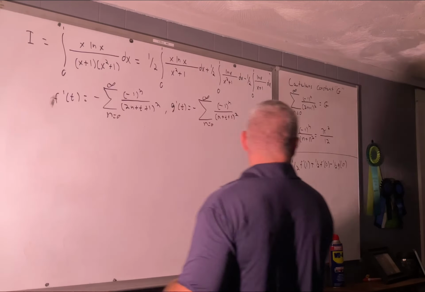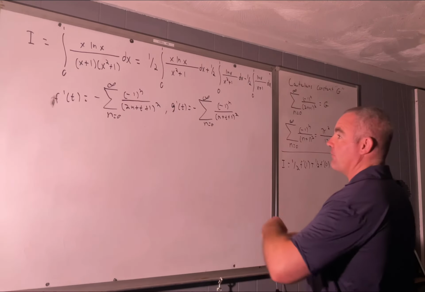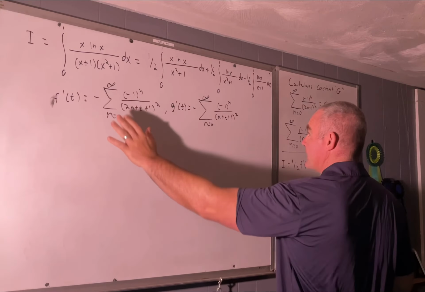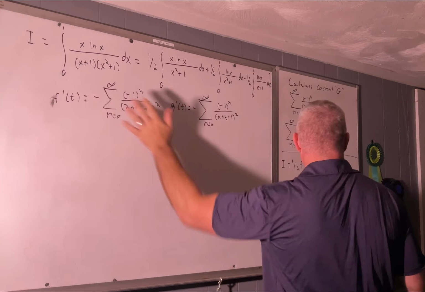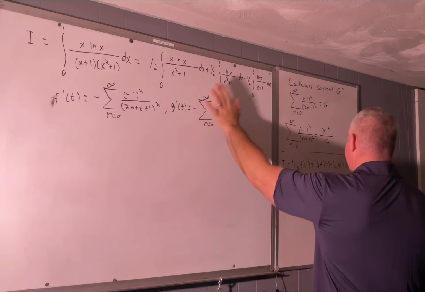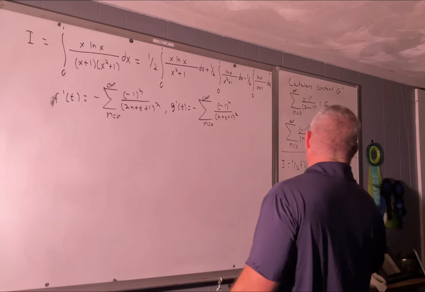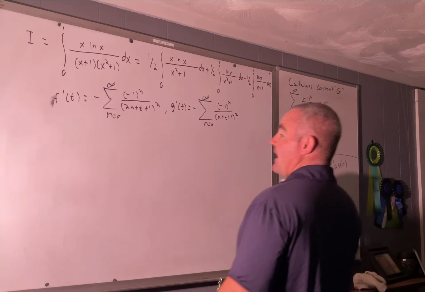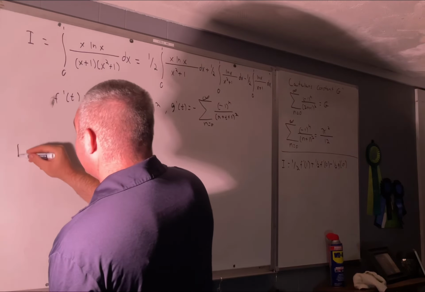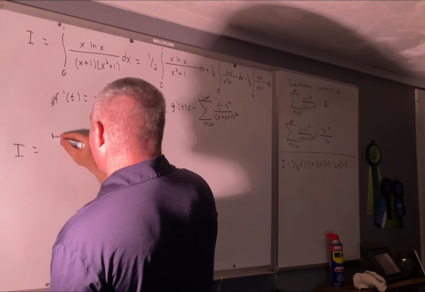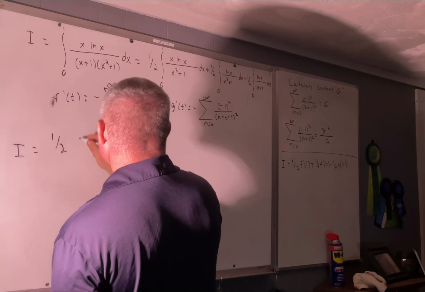All right, but we know that I is equal to 1/2 of this at 1 plus 1/2 of this at 0 minus 1/2 of this at 0. So let's just write that down. That's going to give us I equal to 1/2 the sum.